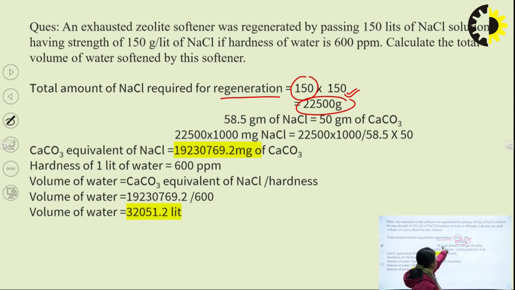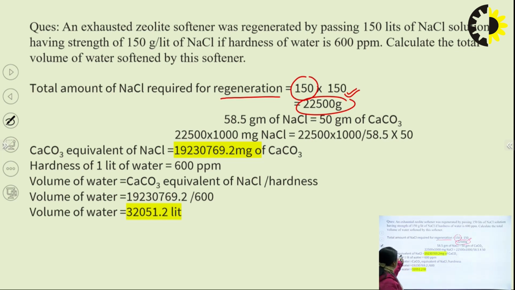Again, the equivalent weight of NaCl is equal to the equivalent weight of calcium carbonate. So, on multiplying with 10 to the power 3, so many milligrams of NaCl is equal to 22,500 into 10 to the power 3 multiplied by 50 divided by 58.5.